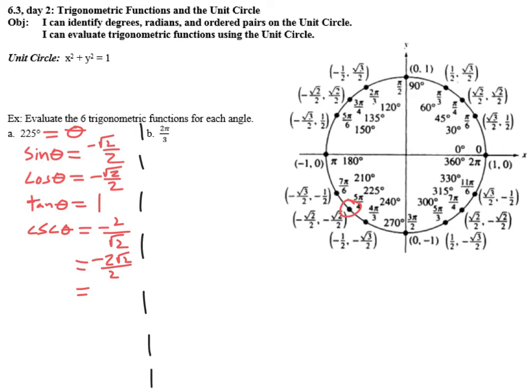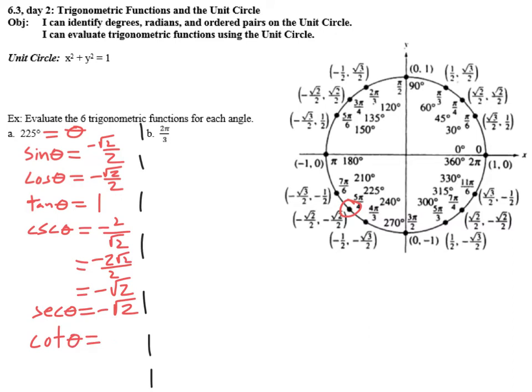Those 2's are going to cancel, and cosecant of 225 is just negative square root 2. Now I could go ahead and do that work again if I wanted to, or I could recognize, hey, wait a minute, cosine has the same value as sine, right? So if I do the whole flipping and rationalize thing again, I'm just going to get the same thing.